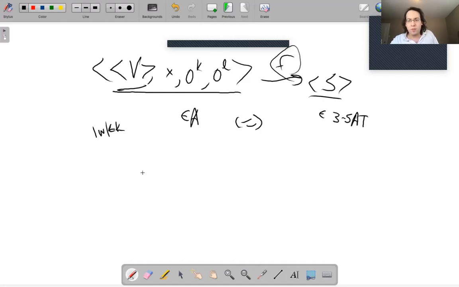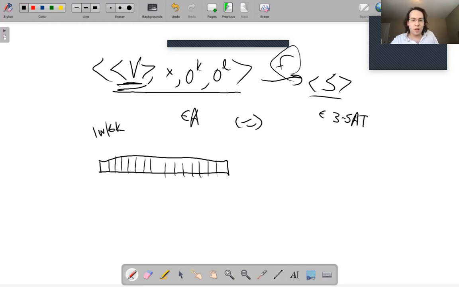So what we can do is consider the Turing machine V. I can write down the tape of it for a second. Here's a tape of it. Let's write the input X over here in this segment. We will write down the input X on the tape.